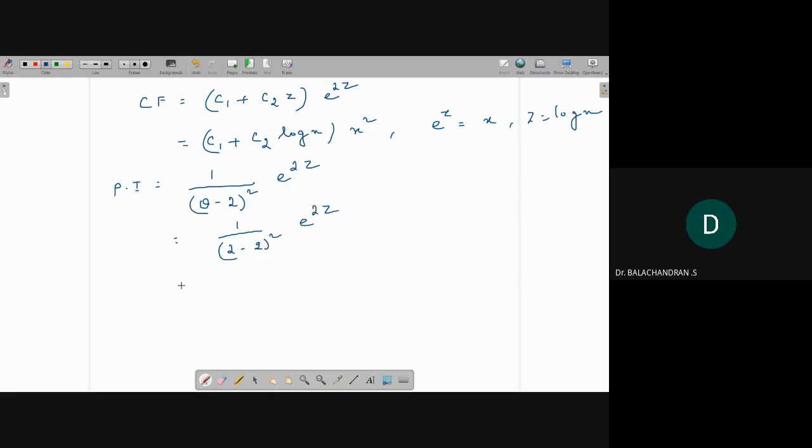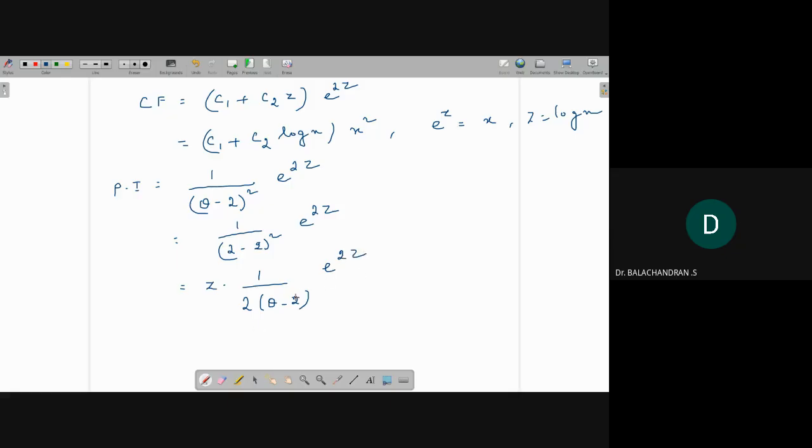You get 0. So that's why multiply by z and differentiate the denominator with respect to theta: 1 by 2 into theta minus 2 into e power 2z.